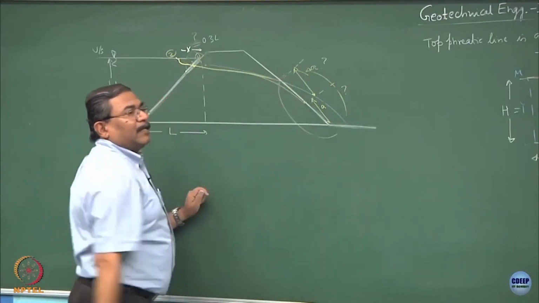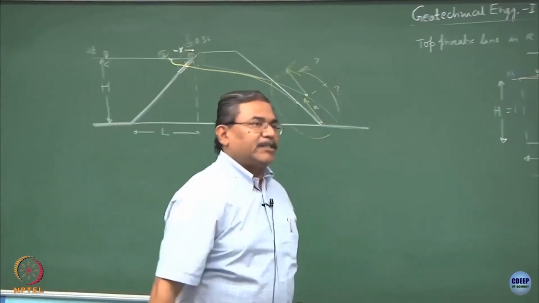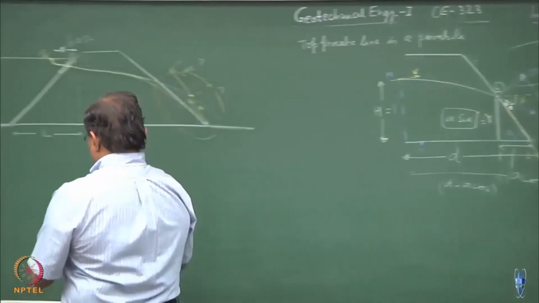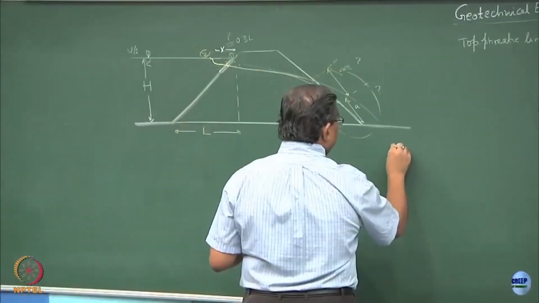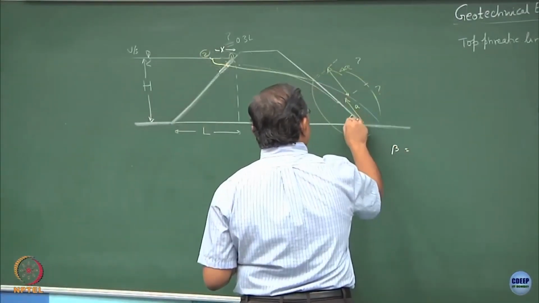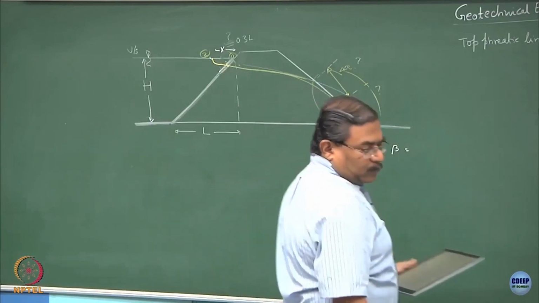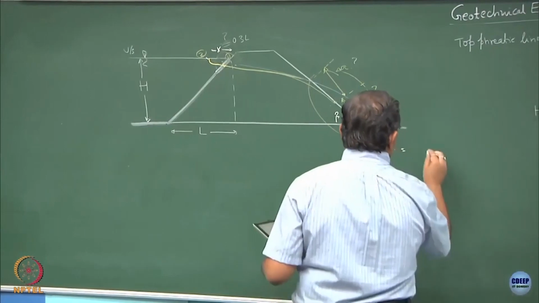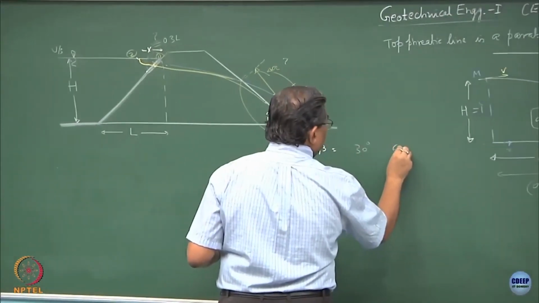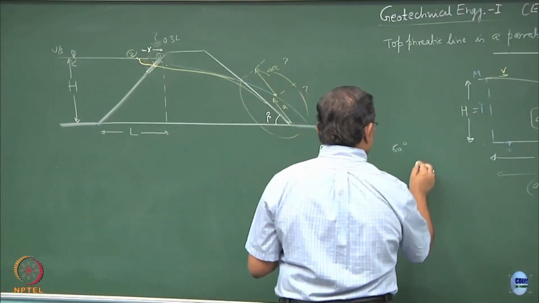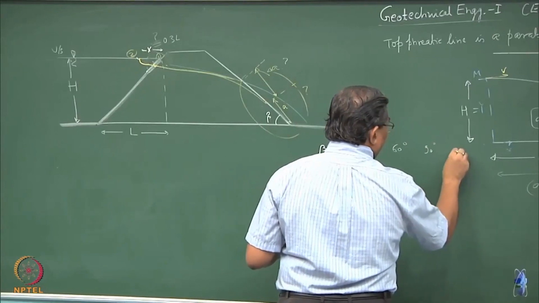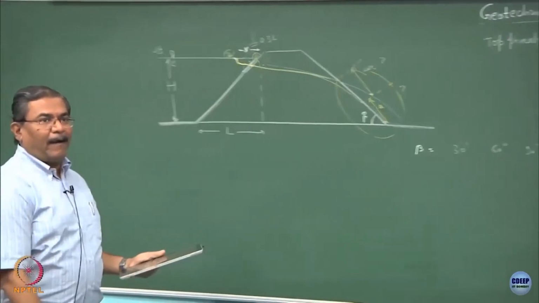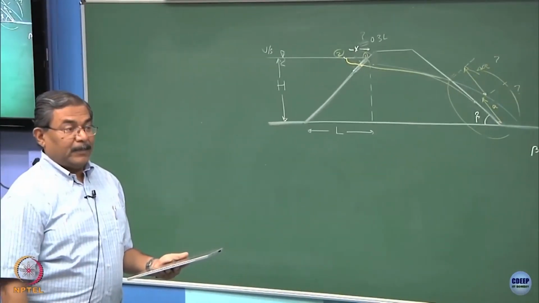So, what people have done is they have come out with design charts, and in design charts if beta is known, where beta is the downstream slope angle, if this is 30 degree, 60 degree, 90 degree, 120 degree, is it possible 120 degree? It is possible.